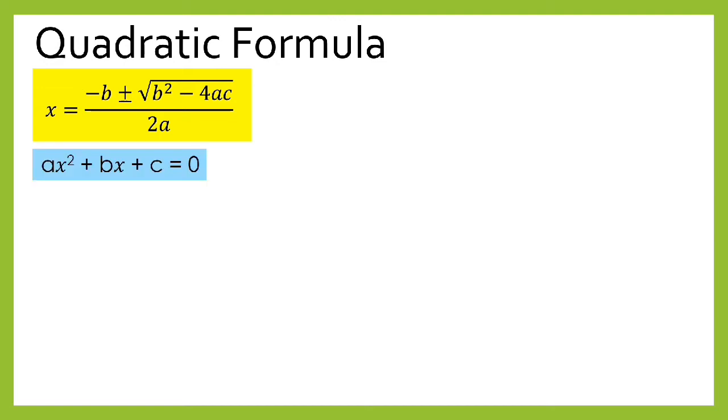Let's start with the standard form of the quadratic equation. The standard form is ax squared plus bx plus c equals 0. The first step in completing the square is to divide both sides of the equation by a, then simplify.